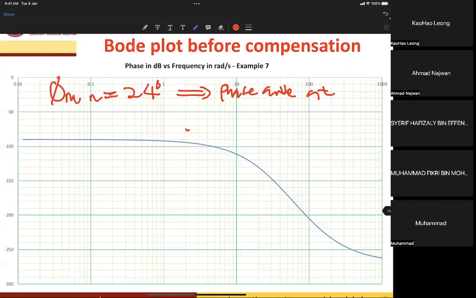How much? 156. Okay, meaning 156 is, this is 150, 160, in the middle. Okay, somewhere there.